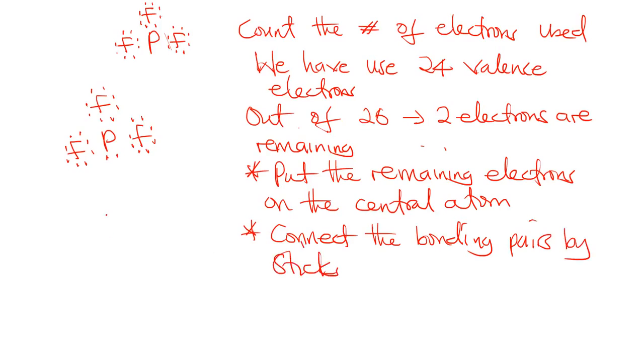So we are going to have P, F, F, F. But don't forget to have the remaining 6 electrons on the F. They need to show, and the 2 electrons that we are looking for. So this one is our Lewis structure.